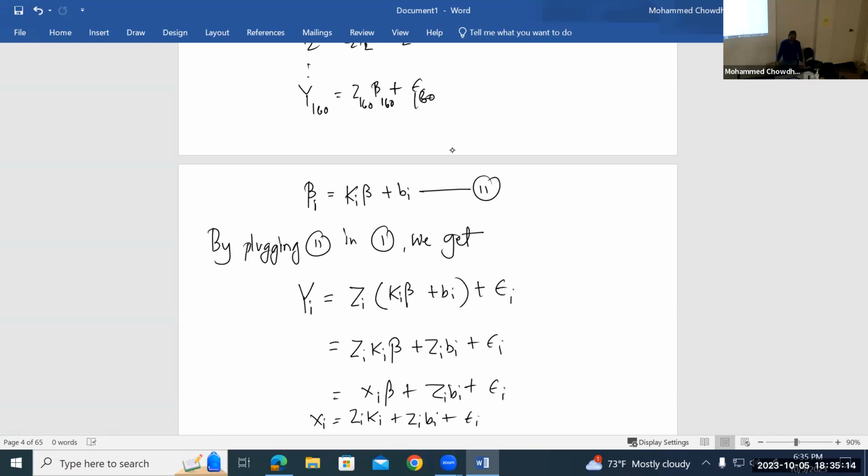What is Ji? Ji is the covariate, and I will show you how these two things are multiplied and become Xi when I give a real life example. Clear, right? So that's the idea of how the linear mixed effect model comes into existence.